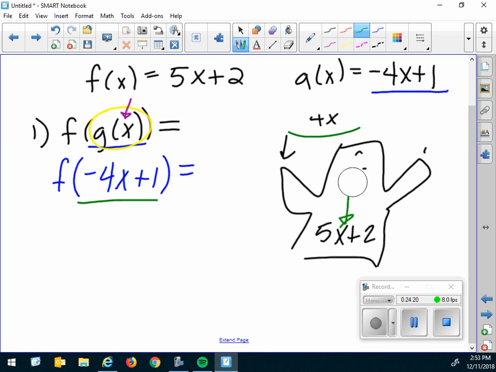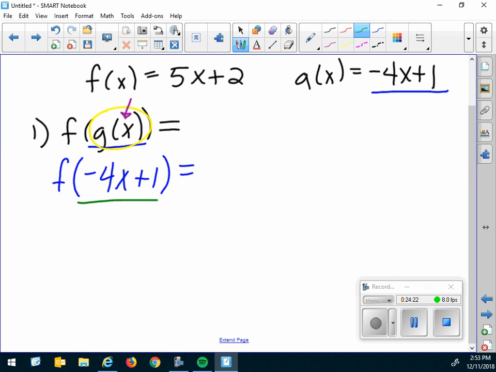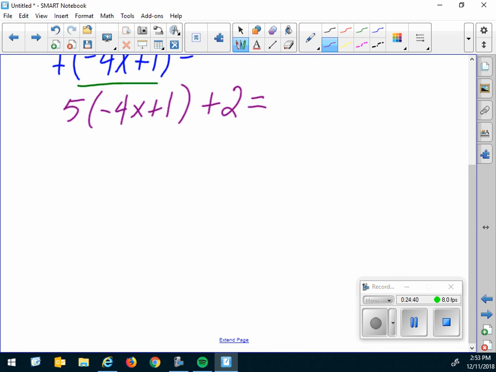So here's what you're going to write. This, negative 4x plus 1, is going right there. So you're going to have 5 times that plus 2. Now let's clean it up.